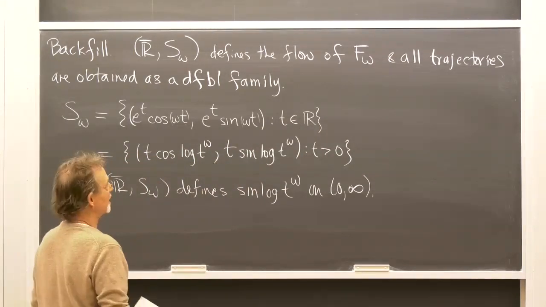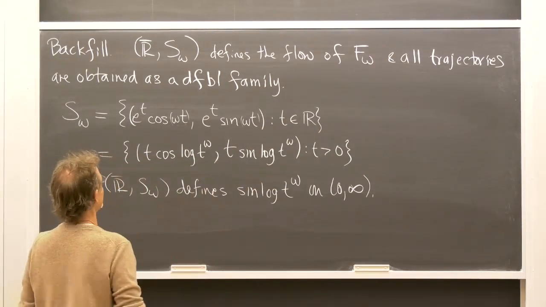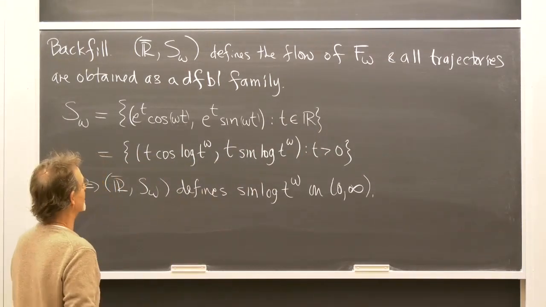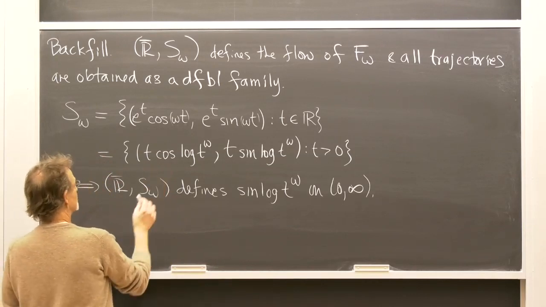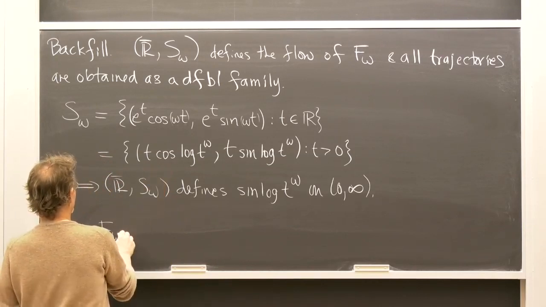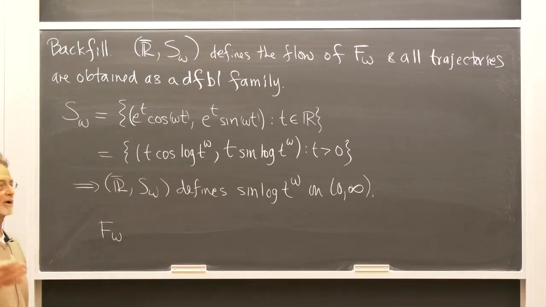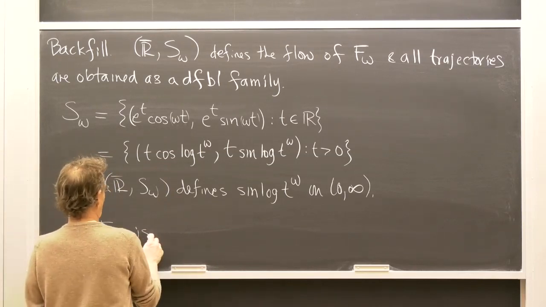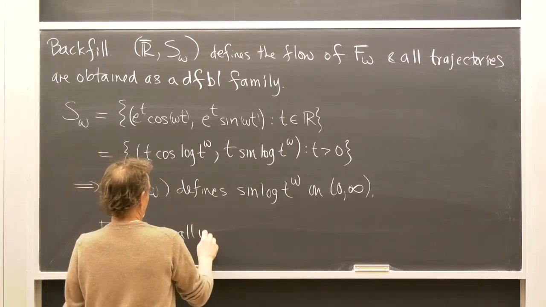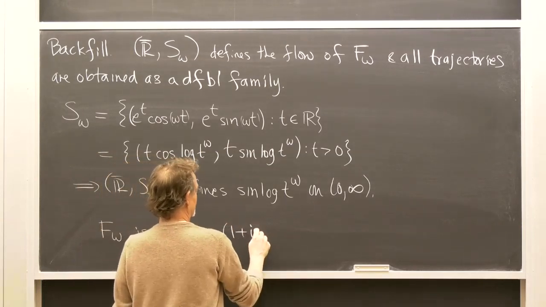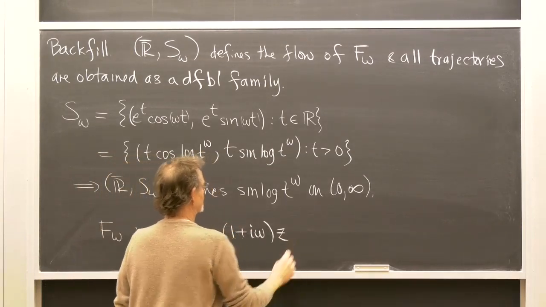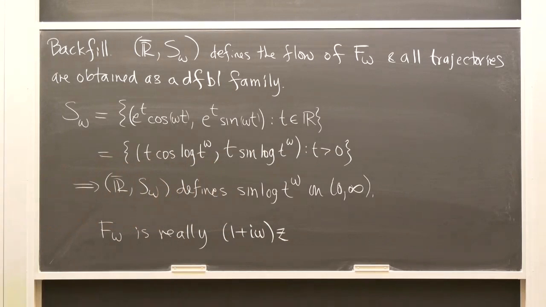And so the way to always understand this thing, at least this is my point of view, is that this f omega, we're thinking about this as a map from R squared to R squared, but it's really left complex multiplication by this. So a complex scalar is really the easiest way to think about this.